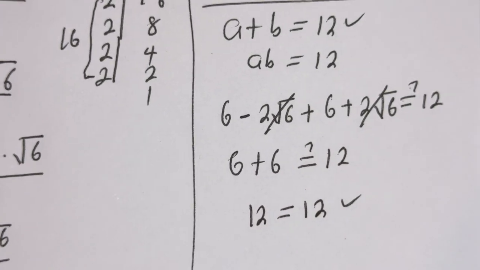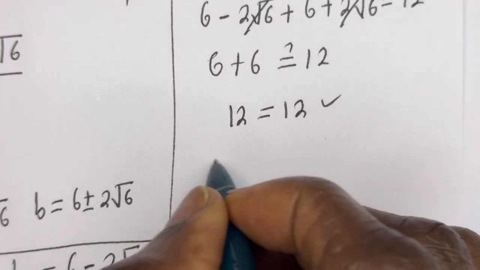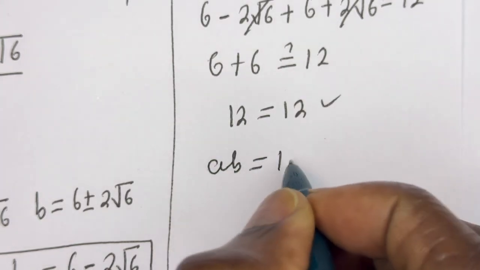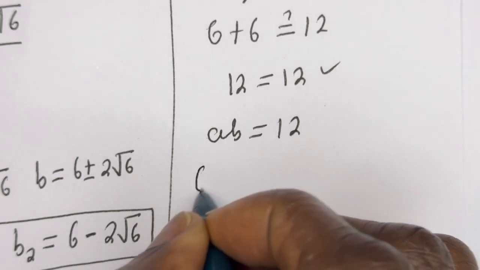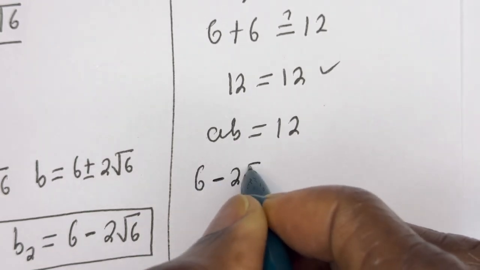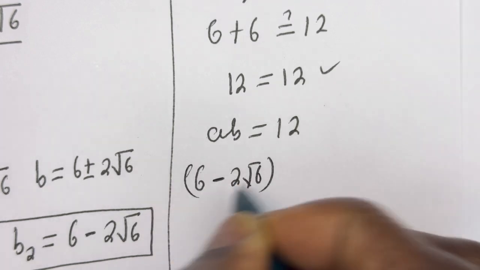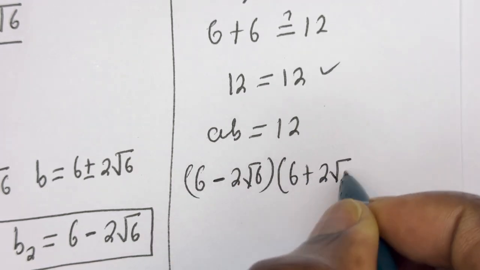Then let's check using the product. That is, ab is equal to 12. We already know that a1 is 6 minus 2 root 6 multiplied by 6 plus 2 root 6.